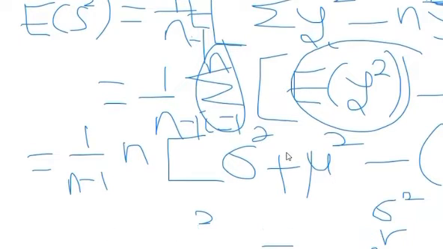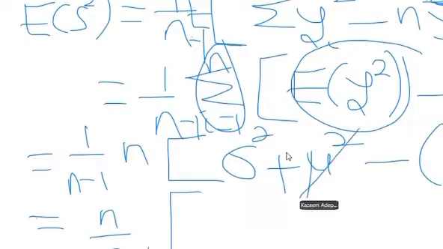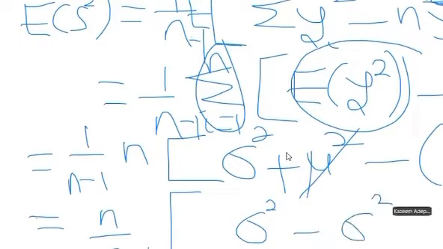Right now, if I clean this and simplify, this is n over n minus 1. Of course, the mu squared is going to cancel out. That's a negative, right? Then I'm going to be left with sigma squared minus sigma squared over n, right?